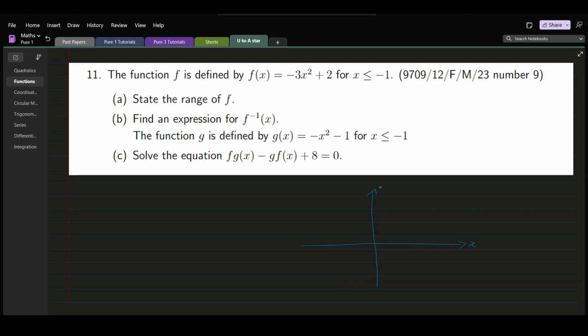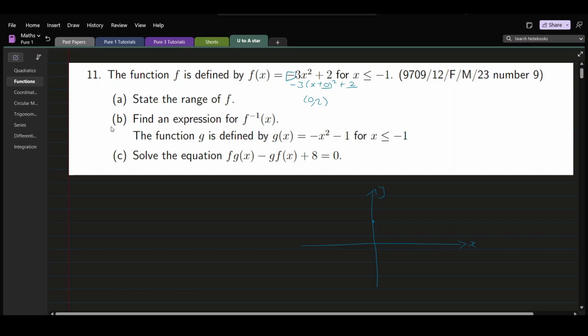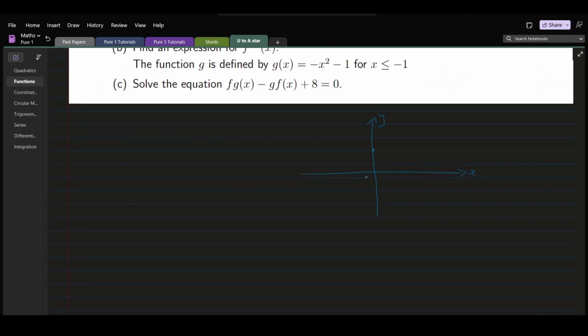Then we'll have our y-axis over here. We know that our function has the coordinates 0, 2. Since this is basically a completed square form, it will be the equivalent of x plus 0 squared plus 2, so the coordinates would be 0 and 2. So 0, 2 would be somewhere here, and we know that this is a negative quadratic, so it's an upside down curve, so it would look something like that, right?